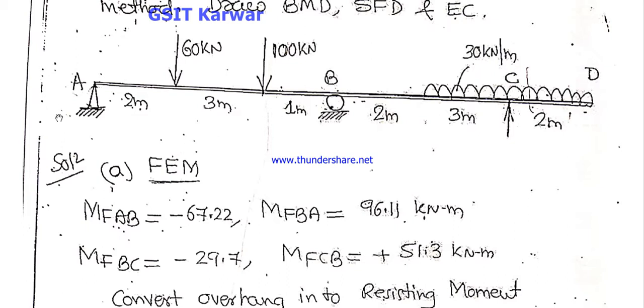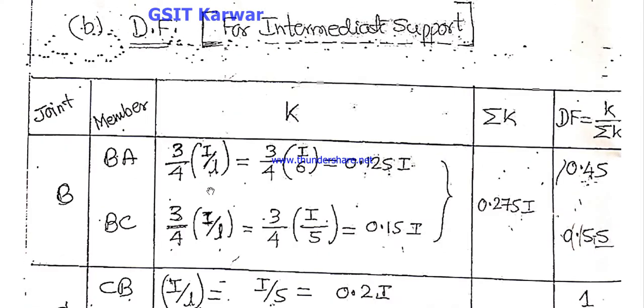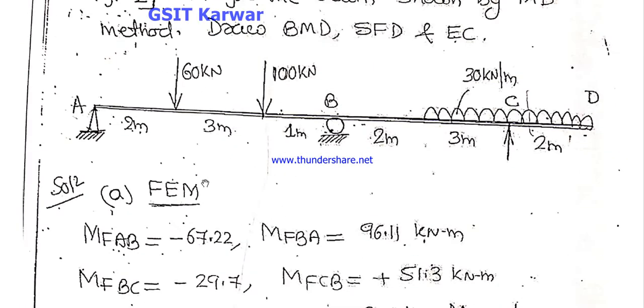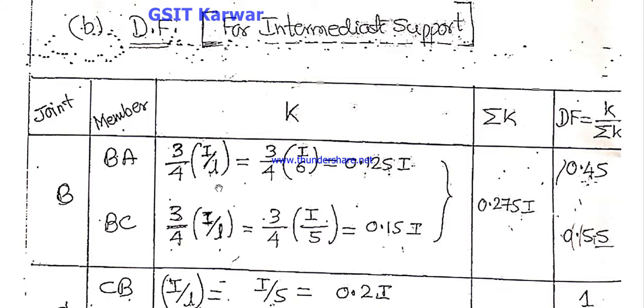So in this condition you should take 3/4 of I by L. We already know this condition. In the very first class of this module I explained the conditions. You should once again recall them. On that basis here we are going to take 3/4 of I by L.